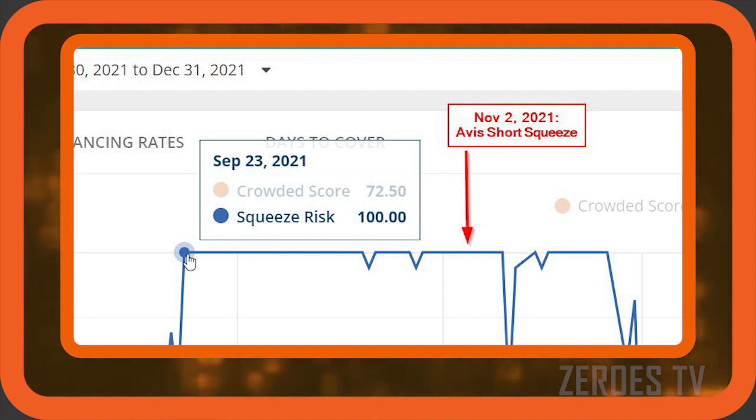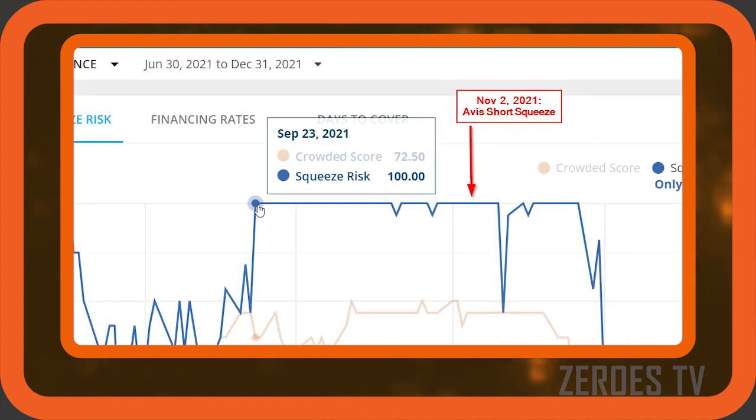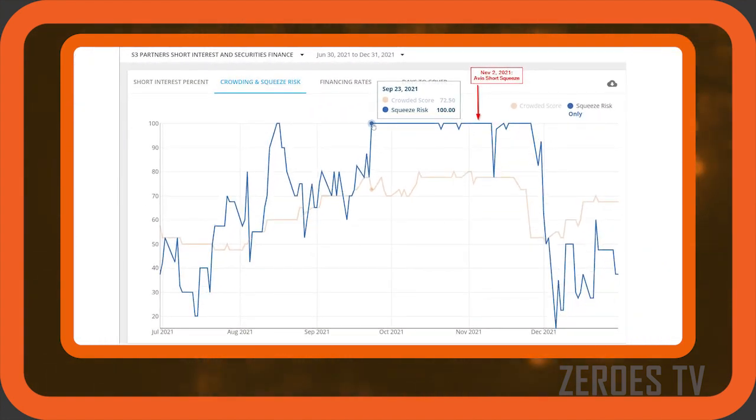So we saw this elevated level of squeeze risk, and it wasn't only elevated, but it persisted for several weeks through the short squeeze itself. And so this was, like I said, an early warning sign, an early indication that the market dynamics for AVIS were changing.